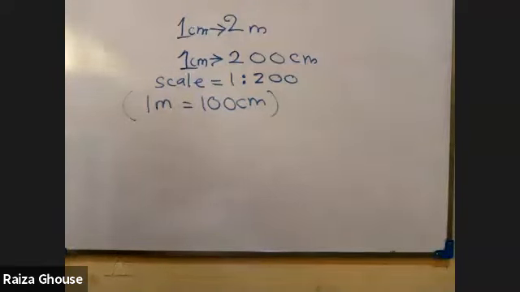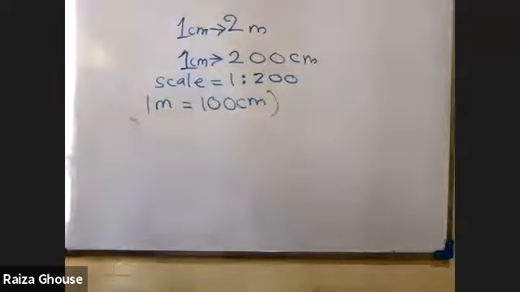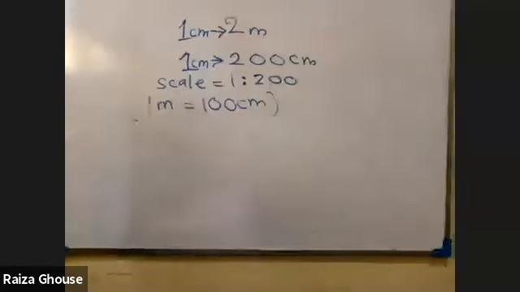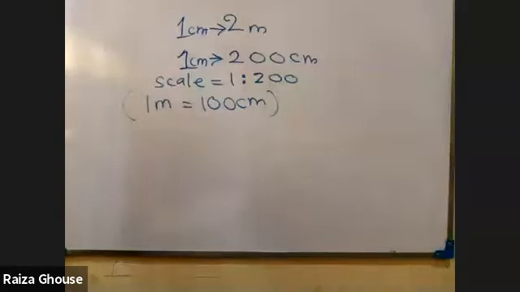Before we go into the questions, I will give you the concept of scale diagram, and what a scale diagram is. So let's write down that one. Take your writing books now. Write down the topic, unit 28, scale drawing or scale diagrams.